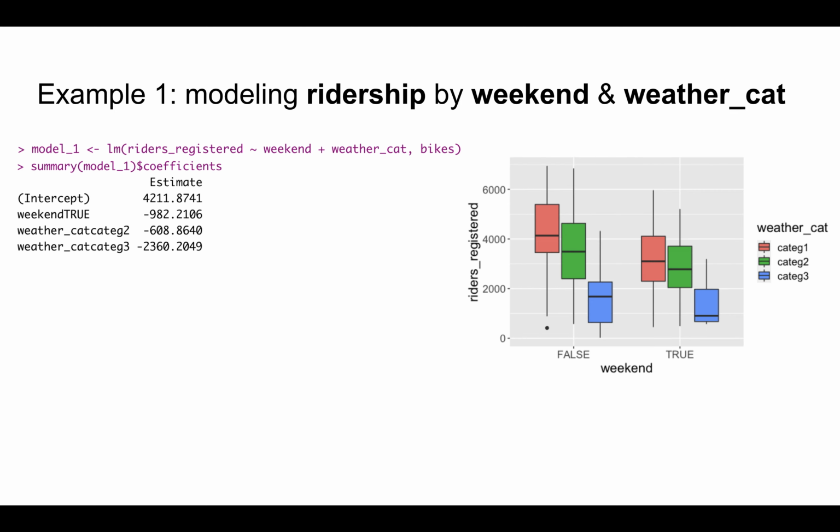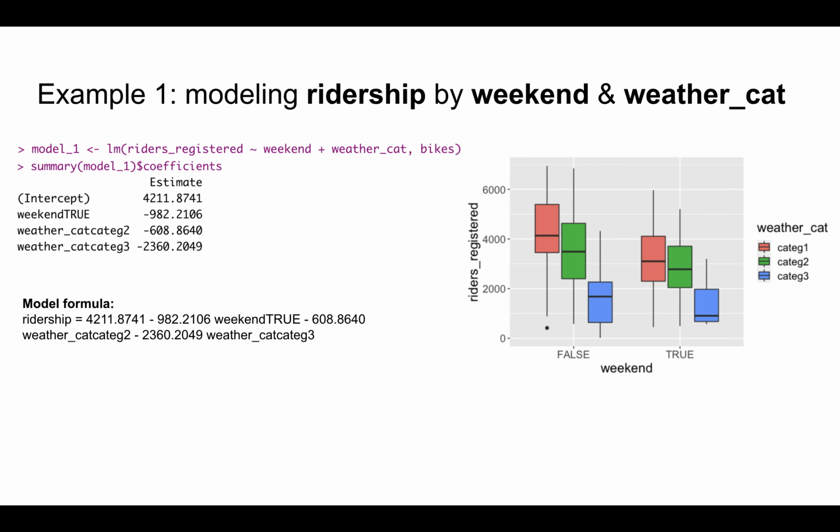Next, we can formalize our visual observations of this relationship with a statistical model. To write out the formula for this model of ridership, we can read straight down the coefficient estimate column. In this particular formula, we can only plug in zeros or ones for the weekend and weather categories, depending upon whether or not we're actually interested in that category.